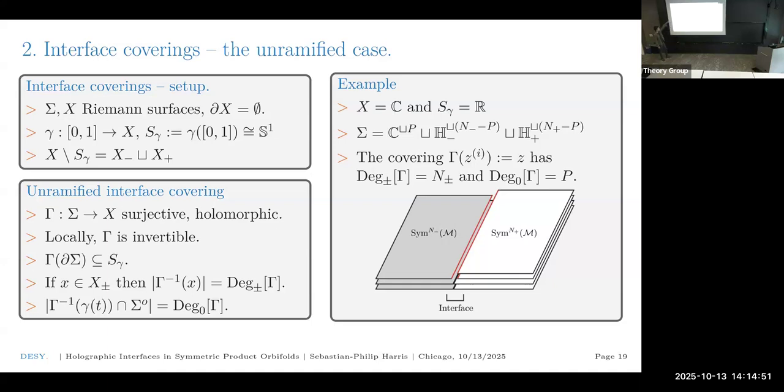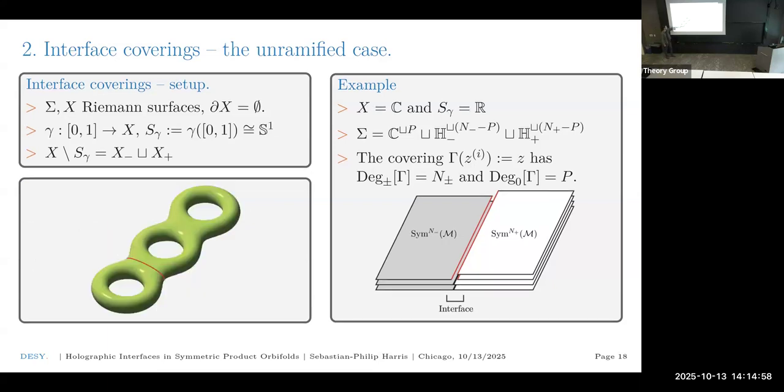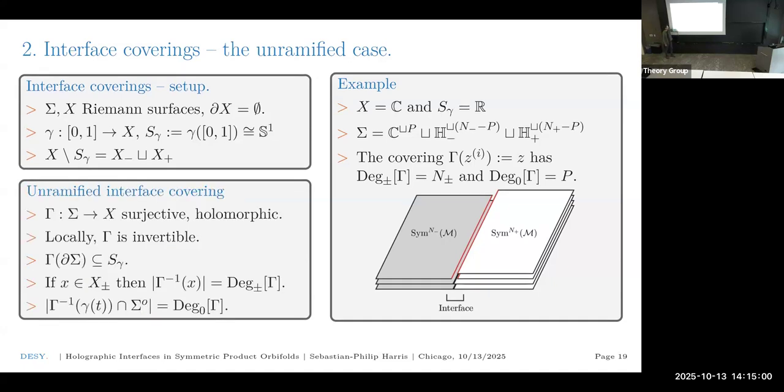But now we have this extra boundary of sigma, and I demand that this boundary is mapped to a subset of this circle.